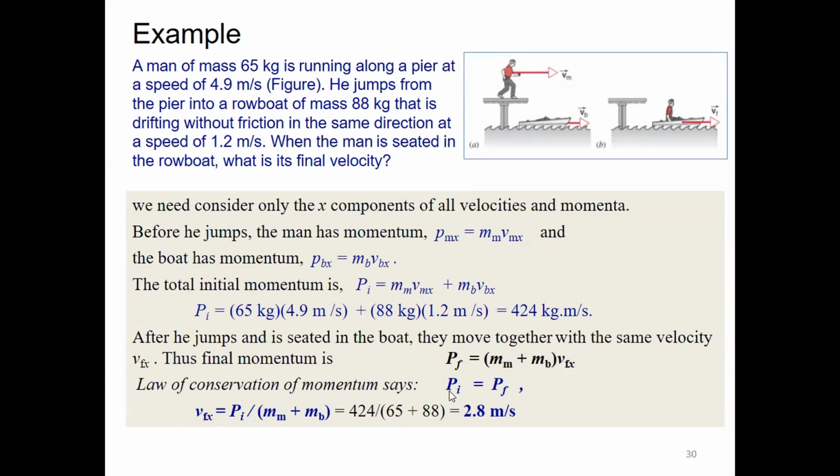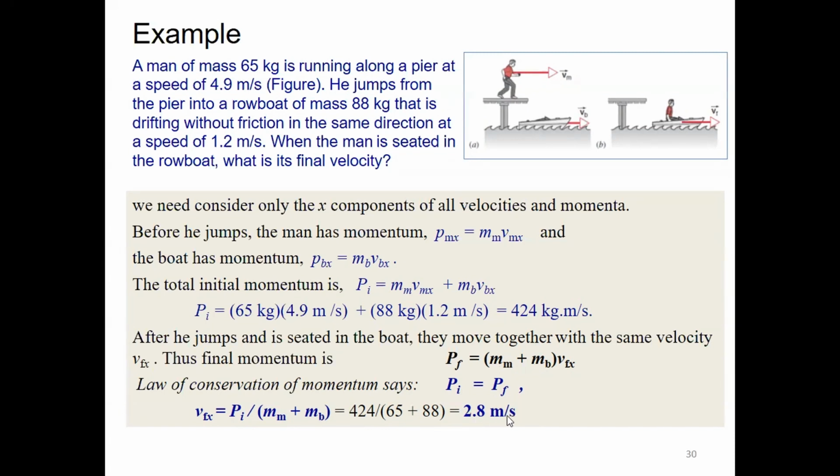The law of conservation of momentum says p initial is equal to p final. We already have the initial momentum, 424. Then we divide this momentum by the mass of the man plus the mass of the boat, and we get the final velocity, which is 2.8 meters per second.